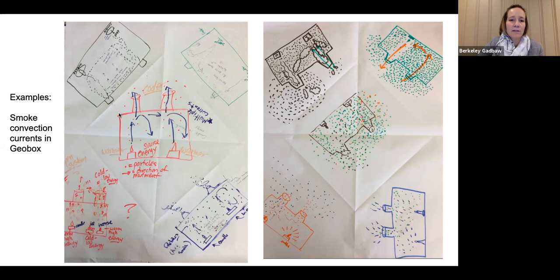And then in the middle is sort of their consensus model. So they all had, at some point, included particles and shown the movement of particles with arrows, and then came to a group consensus about what would be happening to sort of explain a convection current that they were seeing inside of the box.